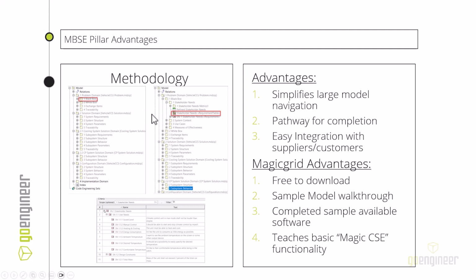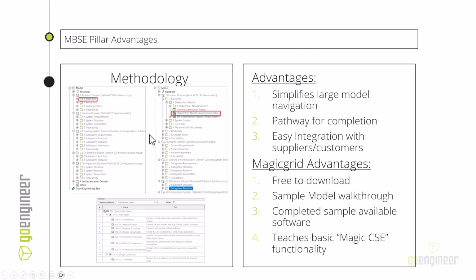And outside of the architecture framework, it also allows for a pathway for completion. The Magic Grid framework, as I mentioned, allows you to go from the problem domain to the solution domain and go through all the steps of acquiring your different requirements and understanding how you need to build out your system structure to align with those requirements, as well as allowing that traceability.